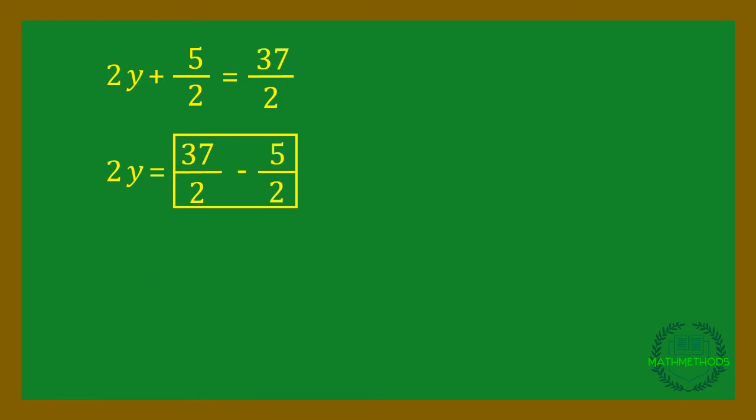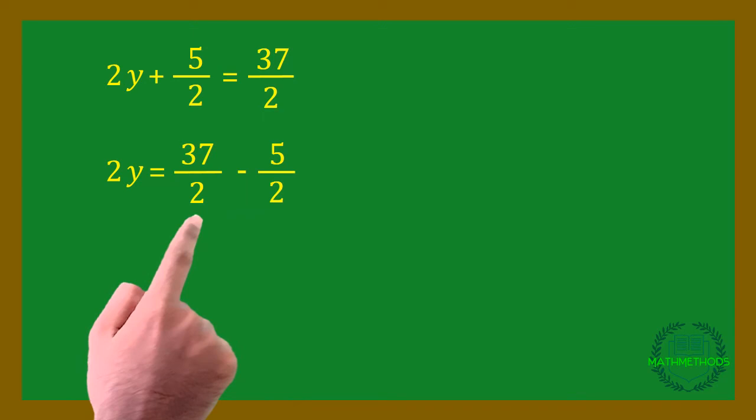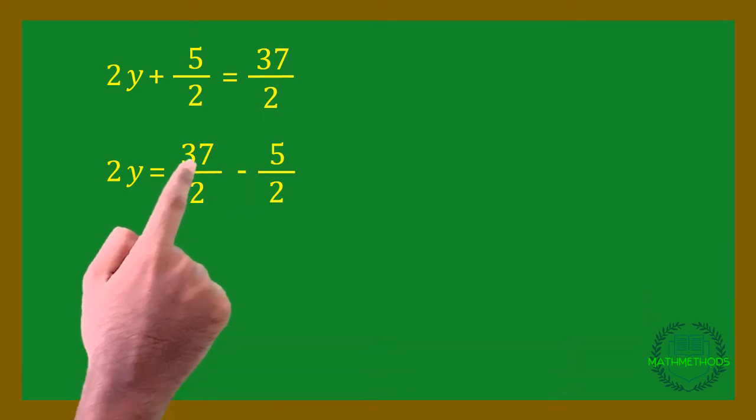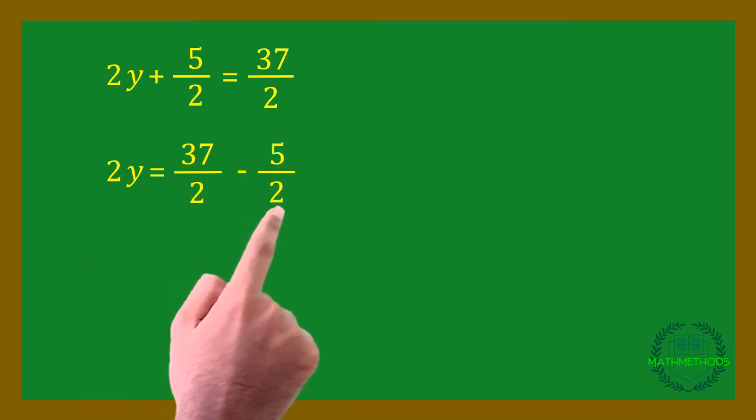For more details about how to add or subtract two fractions, refer to my video about addition and subtraction of fractions. The link is given in the description of this video. As the denominator of both the fractions here is the same, that is 2, we can simply write 37 minus 5 and keep the common denominator.